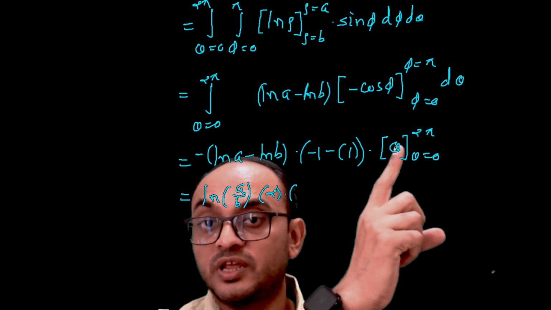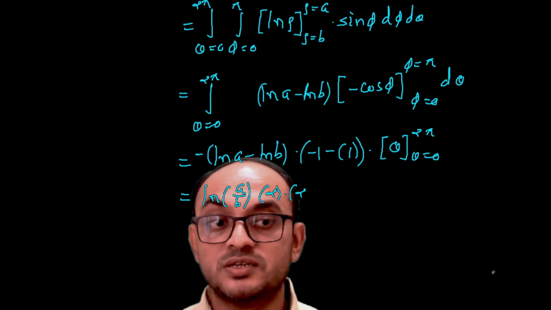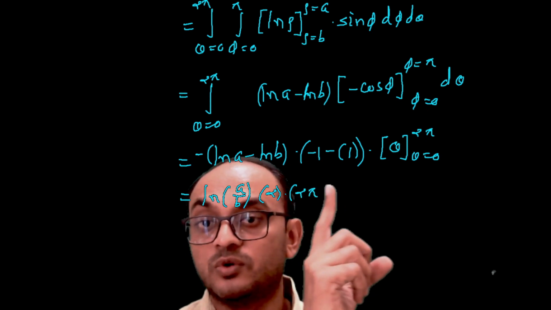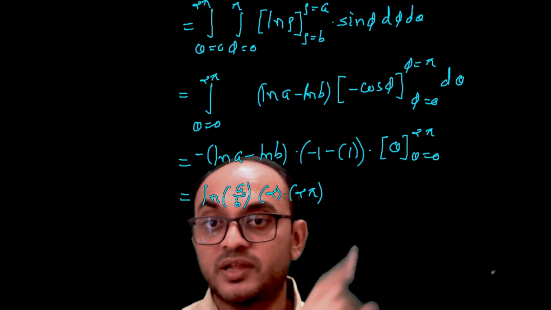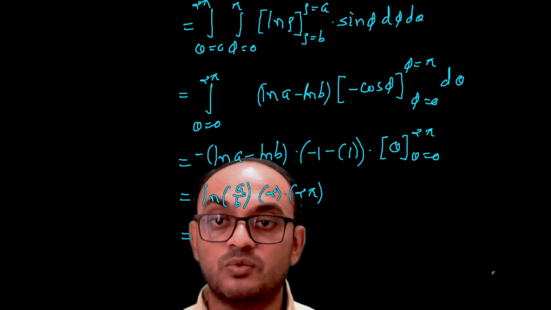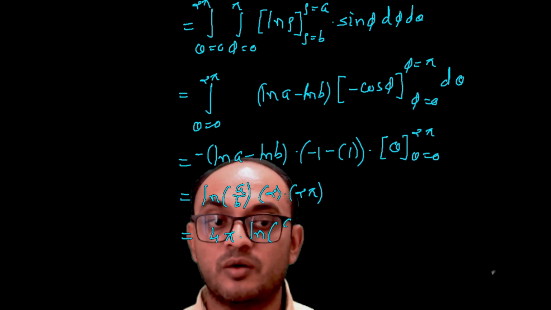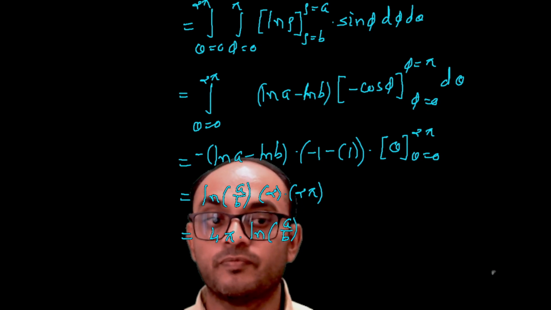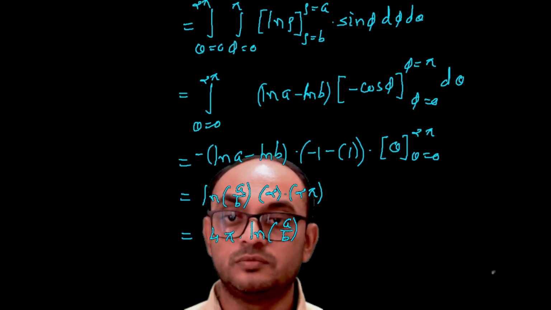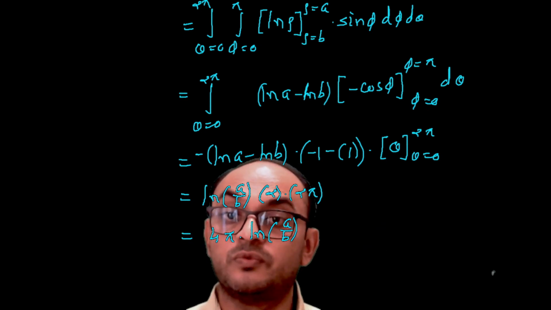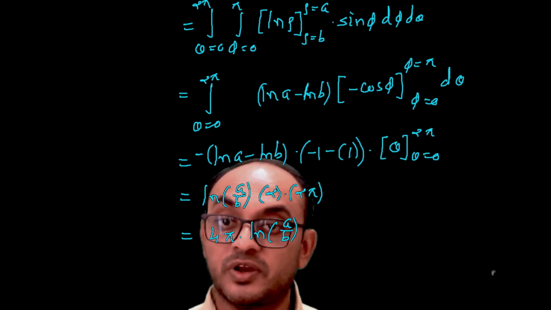When you substitute theta equal to 2 pi, this is 2 pi, theta equal to 0, then minus 0, so it remains as it is. So this is equal to 4 pi into ln A upon B. This is the answer of this particular triple integration.